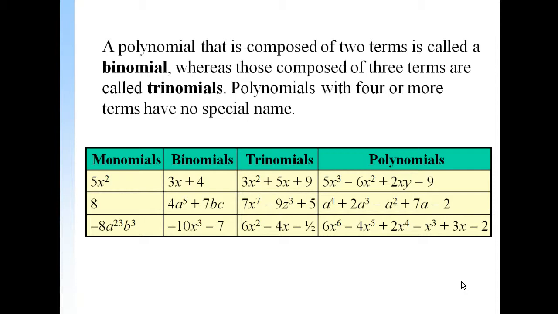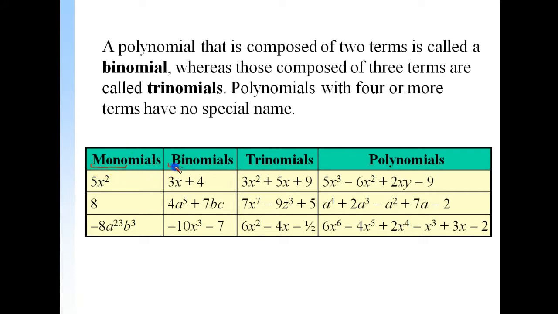Now, some other vocabulary words that are often mentioned here are the words monomial, and here what we're featuring is the prefix 1, mono. Mono is the prefix for 1.